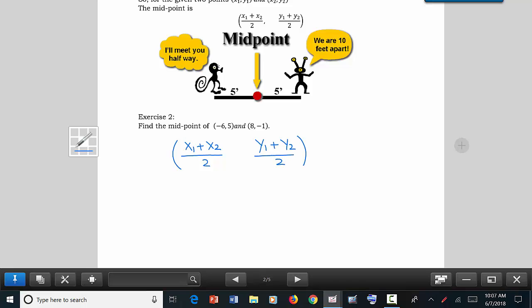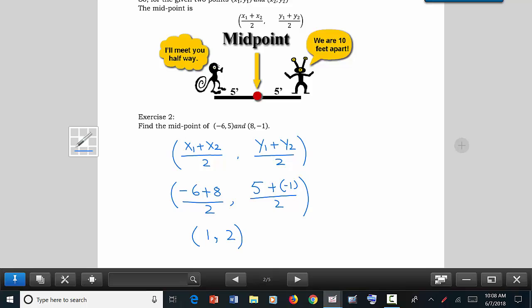That's how we find the midpoint. x1 is negative 6 plus x2 is 8, divided by 2. y1 is 5 plus y2 is negative 1, divided by 2. Negative 6 plus 8 is 2, divided by 2 is 1. 5 adding negative 1 is 4, divided by 2 is 2.